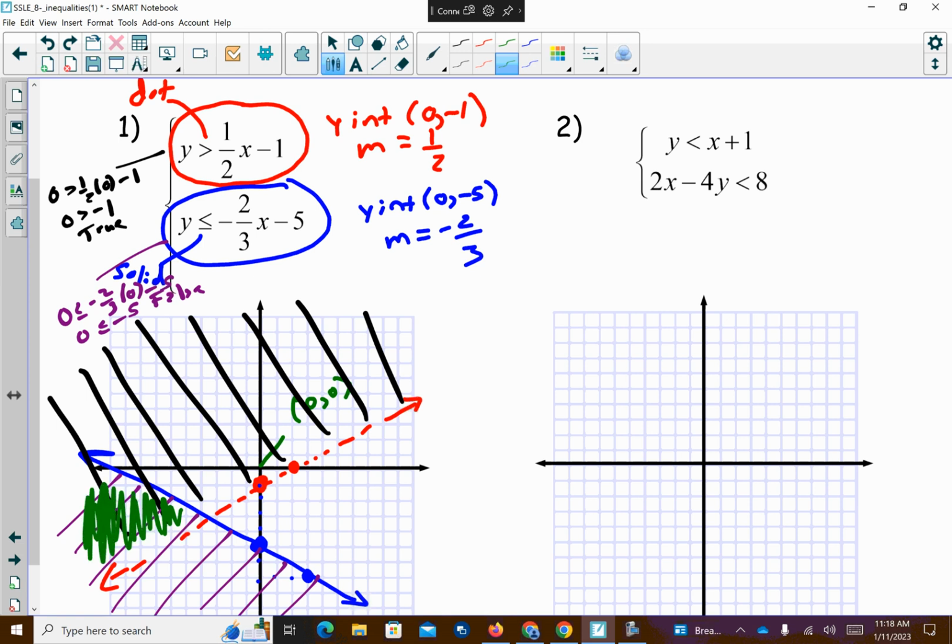This is where my solution exists because my lines overlapped in that one region alone. Okay? Kind of sort of make a little bit of sense?